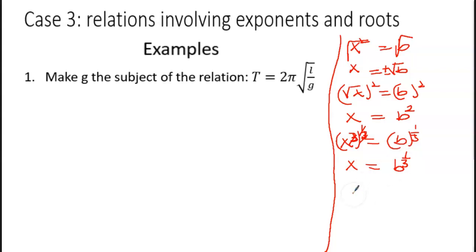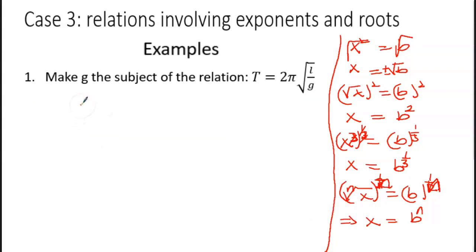So assuming that you have the nth root of x, you raise both sides to the power 1/n, so that you have x is equal to b raised to the power n, and so on and so forth. Let's come back to the question.